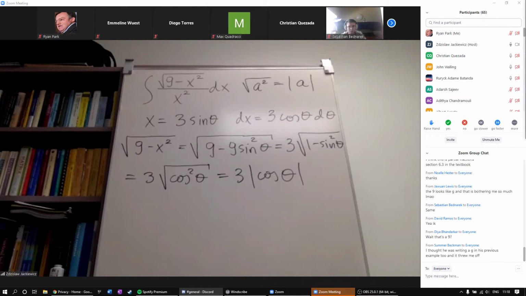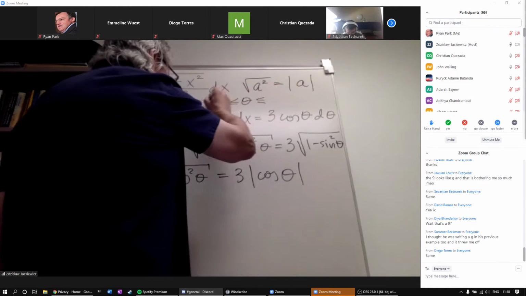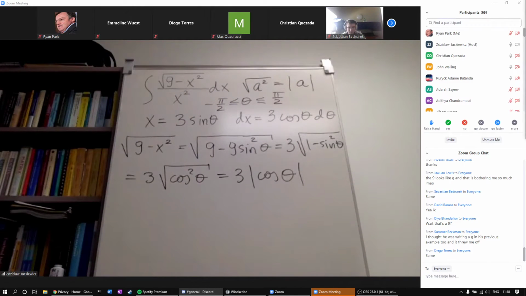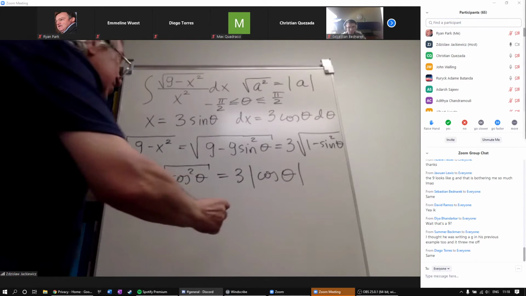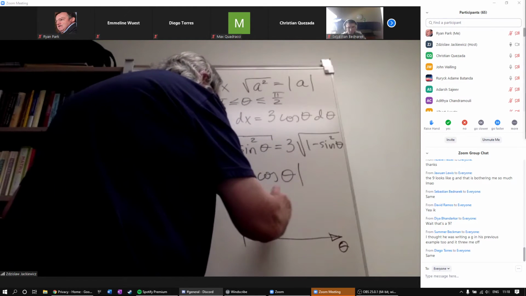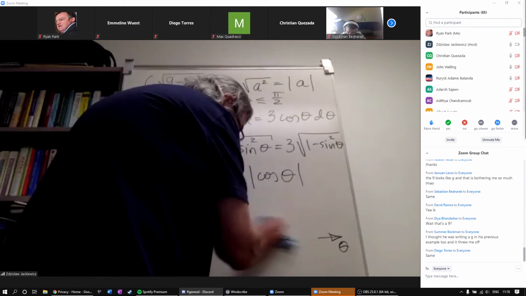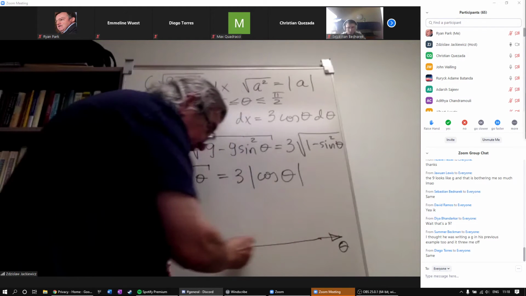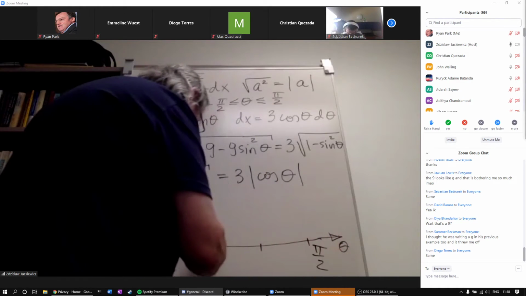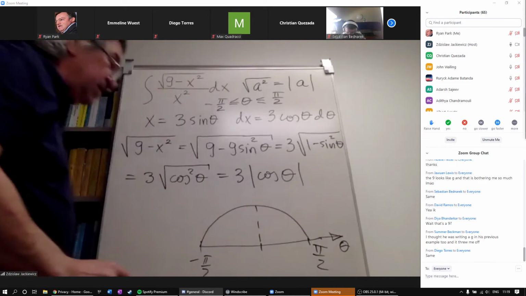Now remember the restrictions on theta. We assumed that theta was between minus pi over 2 and pi over 2. So how does cosine theta look? If you draw theta here, here is pi over 2, minus pi over 2, and cosine theta looks like this.